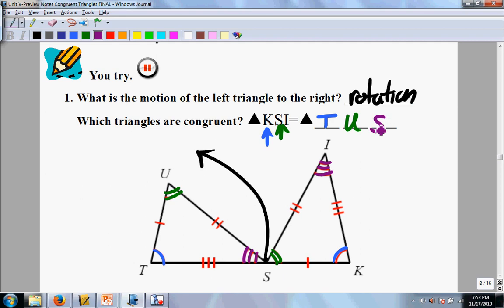So there's your match there. So KSI, let's trace it. KSI is the same as TUS. And if you trace that, you'll feel that they are the same.